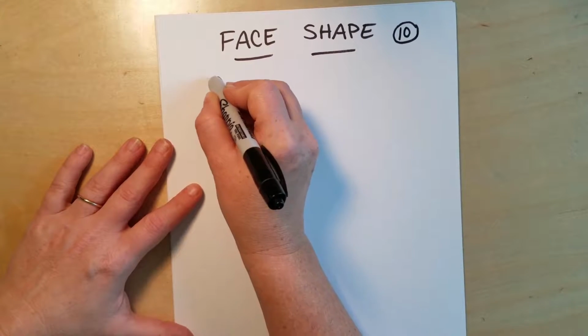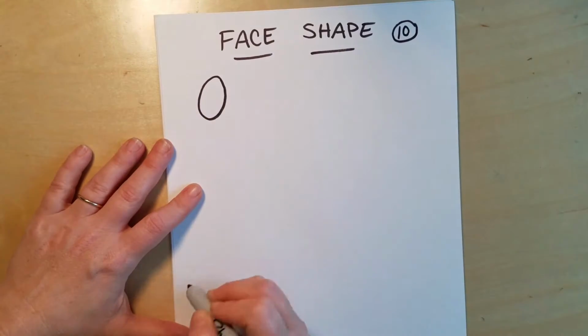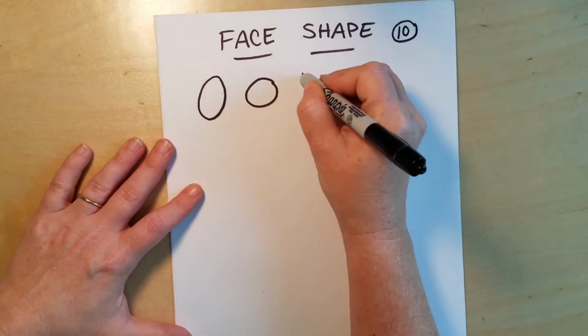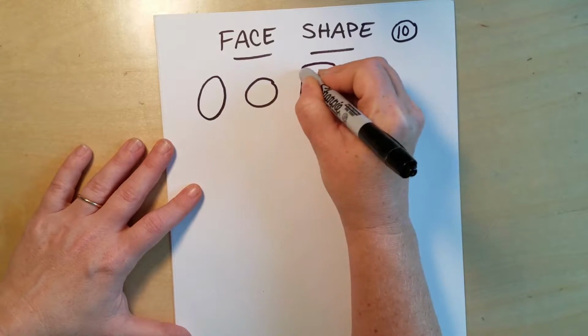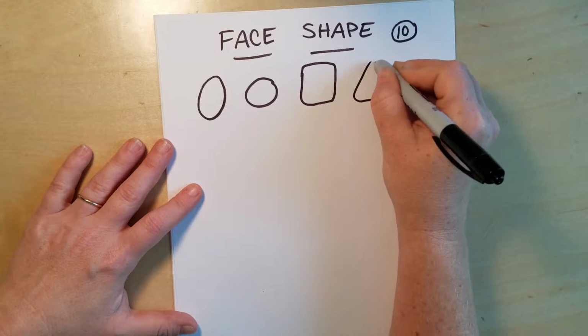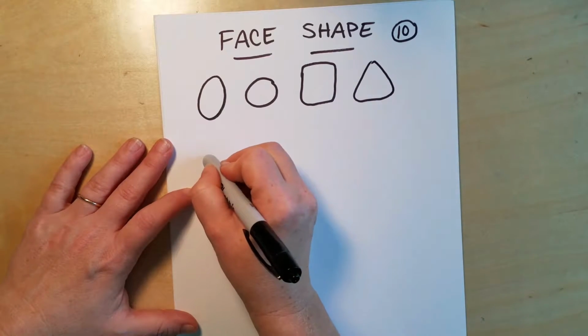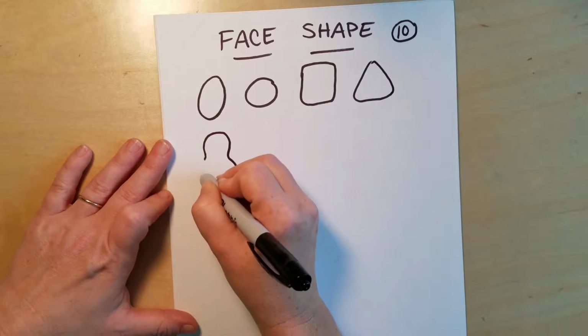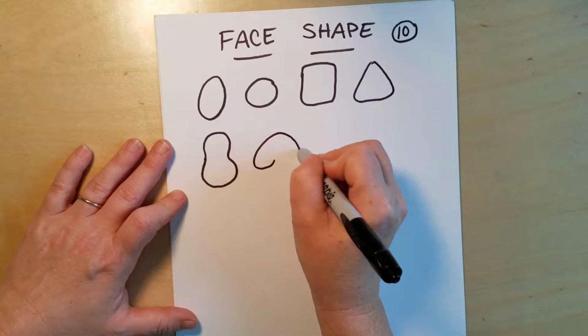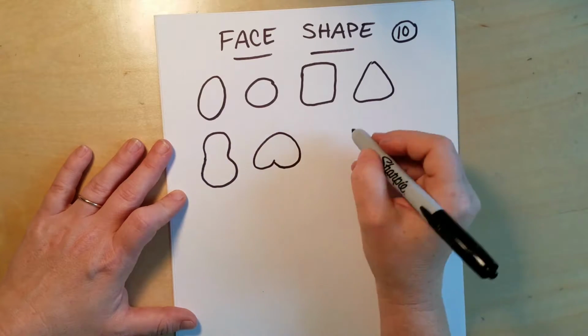We could do, obviously, an oval. We could do a circle. We could do a rectangle. We could do a triangle. We could do kind of a peanut. We could do an upside down heart.